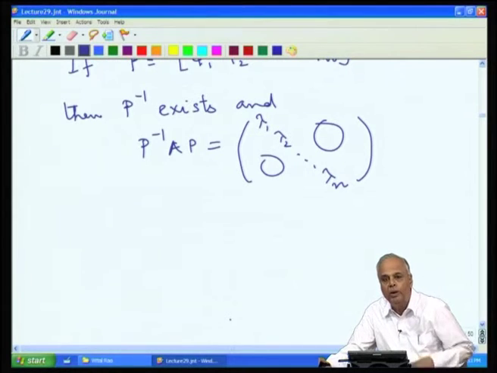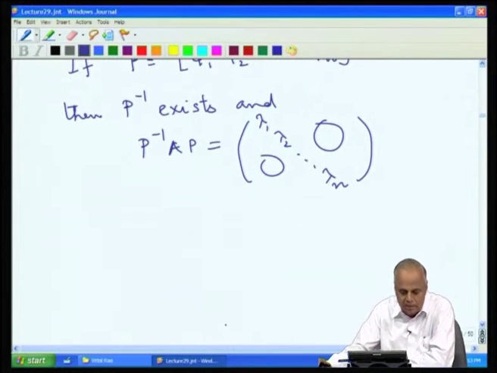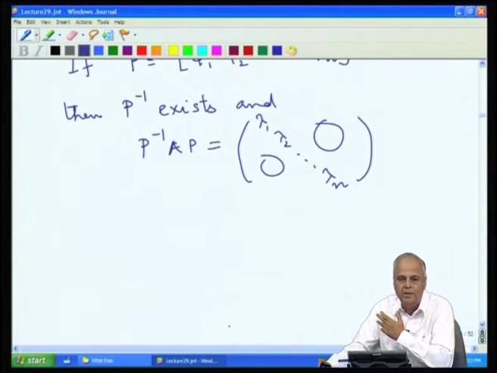Therefore, the moral of the story is, in order to decide whether a matrix is diagonalizable or not, and when you have decided that it is diagonalizable, how do you diagonalize it? What is the matrix P that makes P inverse A P diagonal? All these depend on finding these eigenpairs. If there are n eigenpairs, we are done. We know it is diagonalizable, we can construct the matrix P with these n eigenvectors as columns. So, our search therefore is for these eigenvalues and eigenvectors.